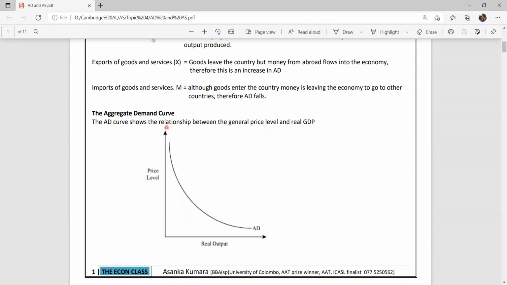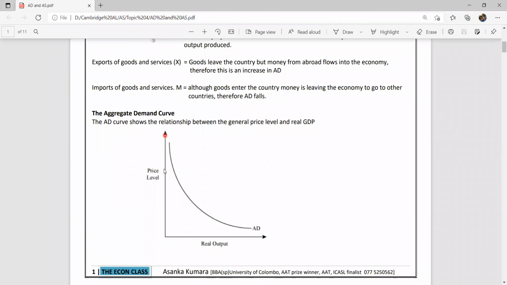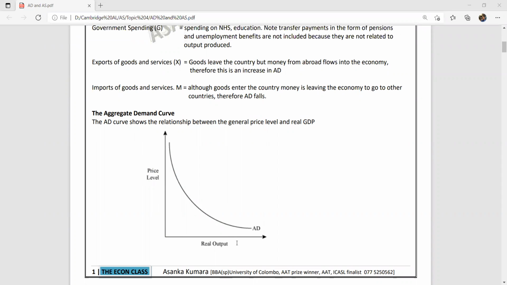In the aggregate demand curve, the price level and the real output are labeled. The vertical axis is always labeled as price level. The horizontal axis should be labeled as real output or else GDP.